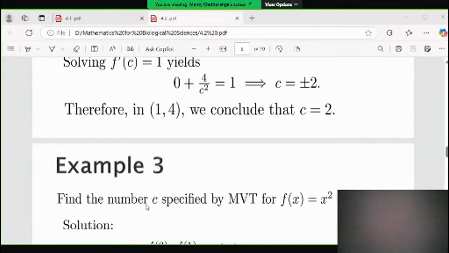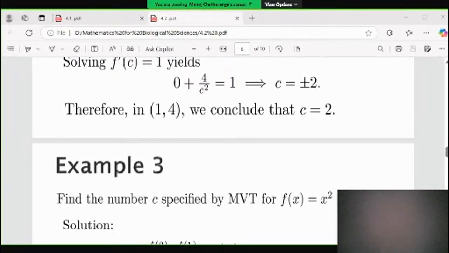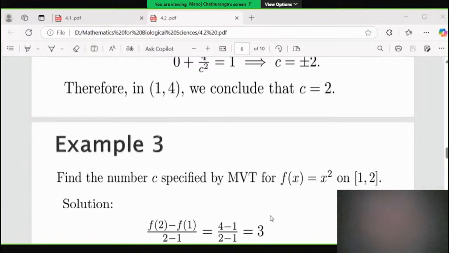Find the number c specified by the mean value theorem for x squared on the interval 1, 2. Can you quickly do this example? First of all, you need to find the slope of the line joining endpoints.